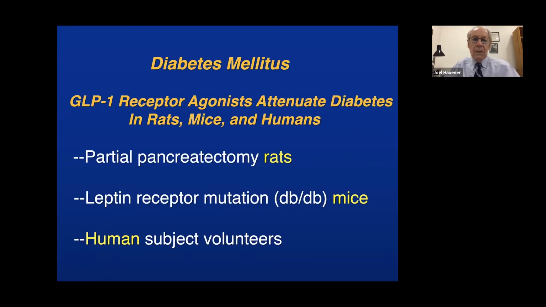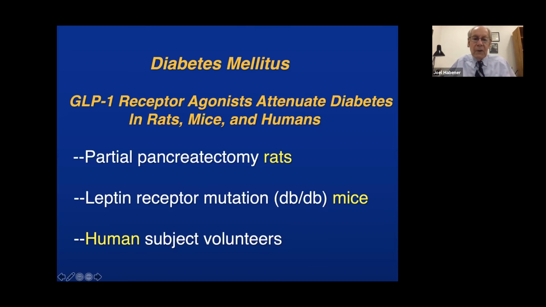Now, I'm going to show some early studies, three studies done on models of diabetes in rats and mice and in humans.